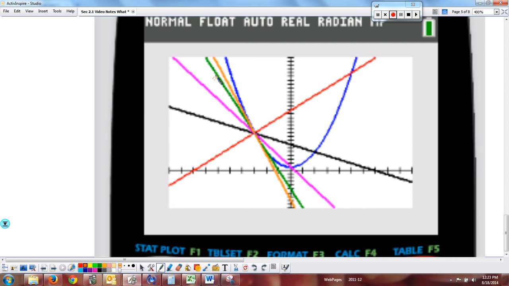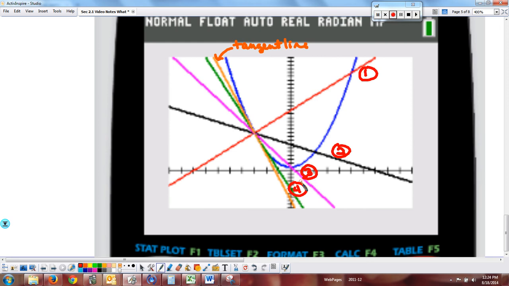So let's do this in orange. That is my tangent line. And then we started calculating the secant lines. This was the first secant line I calculated. Here's the second one, here's the third one, here's the fourth one that I did. What do you notice about the slopes of these secant lines?